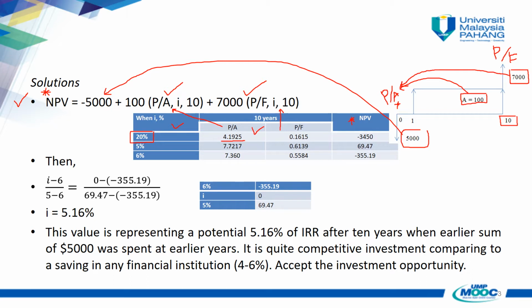I got 4.1925 multiplied by 100, and then I take from the compound interest table finding P when I know the F at year 10. I put the value in our equation, and wow, our NPV here is negative 3,450.